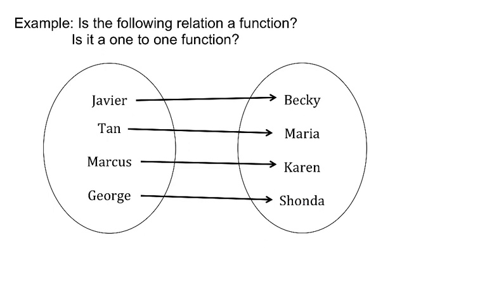Here's another mapping. What I am representing in this mapping is, in the domain, a list of 4 friends. They all happen to be men. And in the second circle, in the range, these are their girlfriends. And then the arrow shows who Javier is paired with, who Tan is paired with, and so forth.